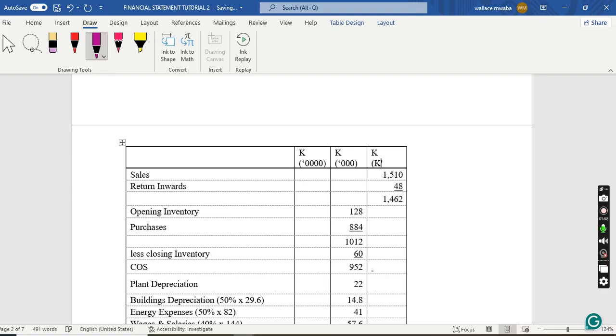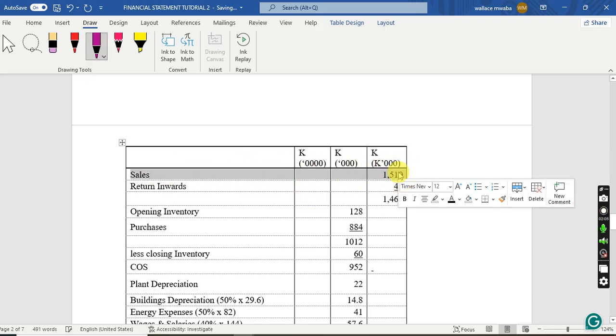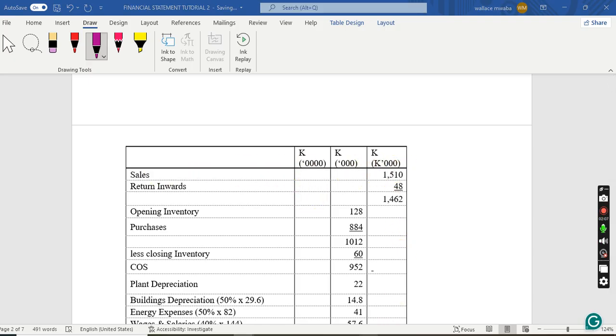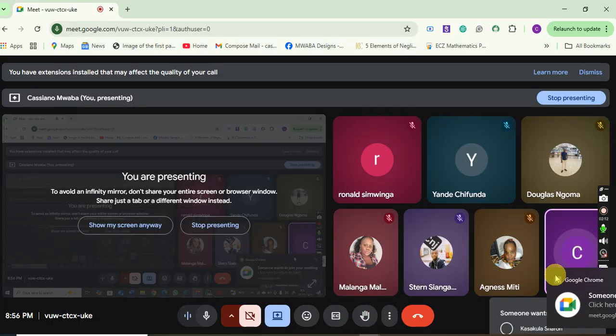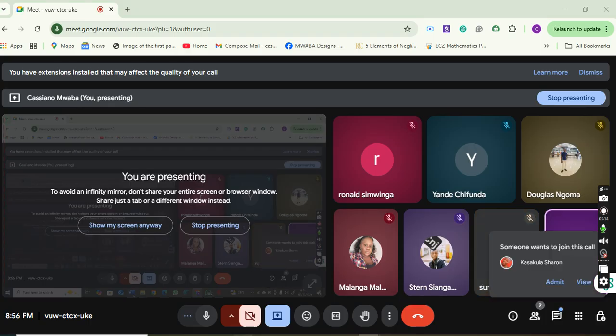Sales revenue is the money we've made from selling our goods and services.